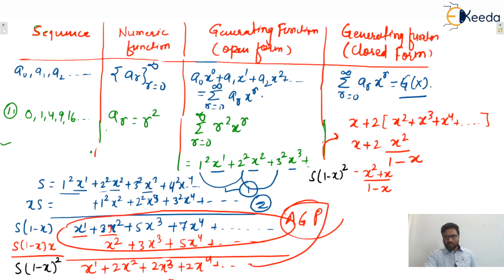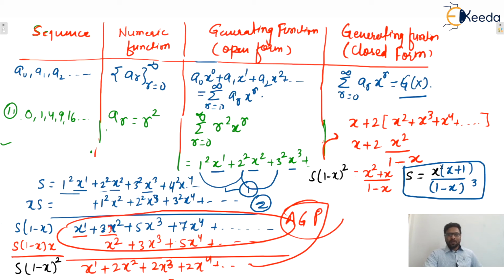So ultimately the s value will be x into x plus 1 divided by 1 minus x whole cube. That is the sum. So in this type of series, we can apply the AGP solution method first, then we will get AGP. And if we get AGP, then again apply the same method to solve the AGP.